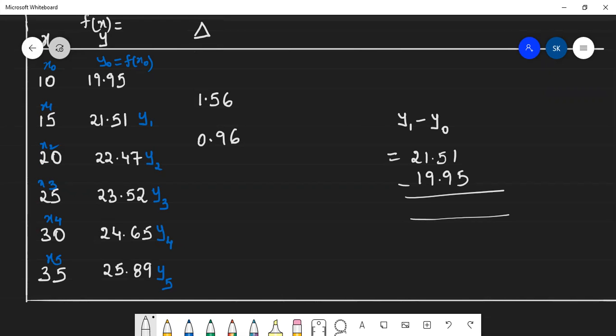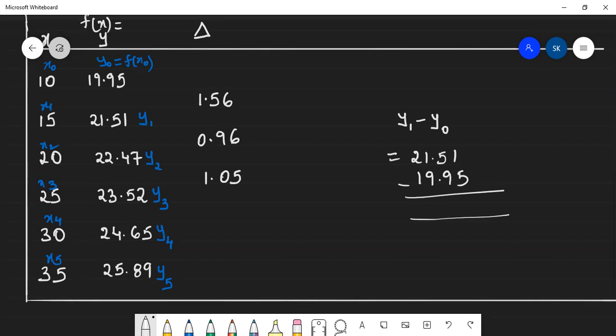What is y3 value? y3 I have 23.52 minus y2 value is 22.47, 1.05.